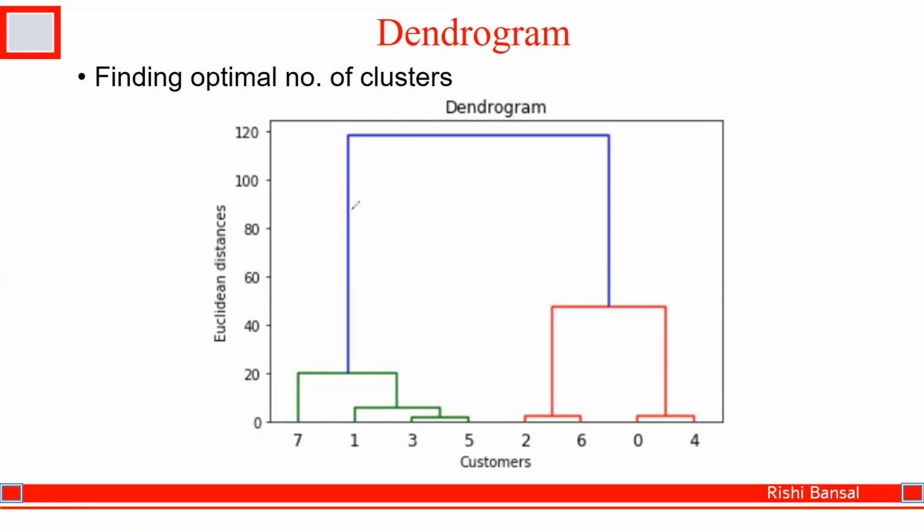Here, if you see, this is the longest line. This is one of the lines, and these are lines. Suppose we consider these 4 lines. We need to find the longest line which is not crossing any horizontal line.